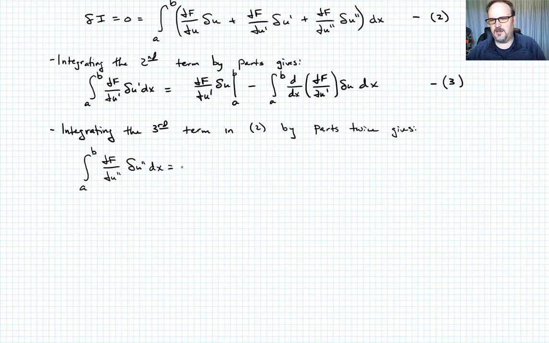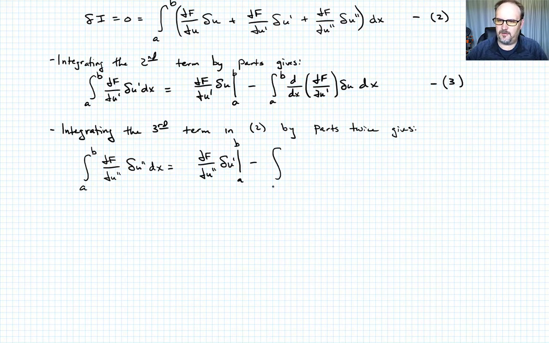The first integration by parts is going to leave us with partial of f with respect to u double prime, now times delta u prime evaluated from a to b, minus the integral from a to b of d by dx of partial f with respect to u double prime times delta u prime dx.